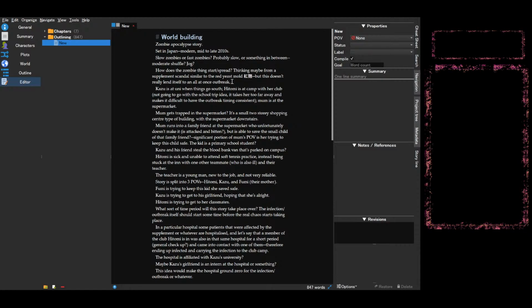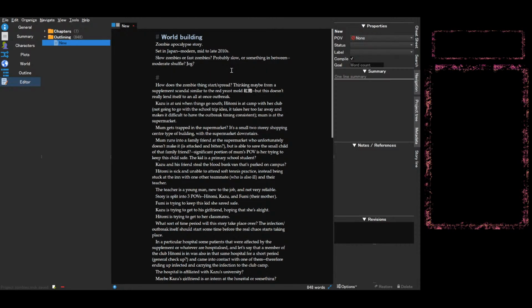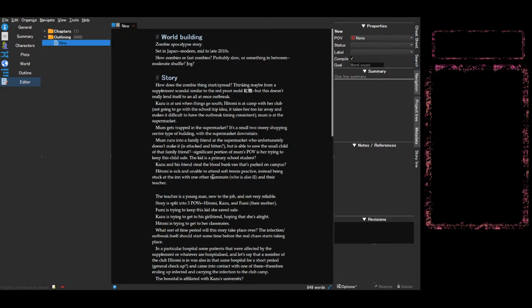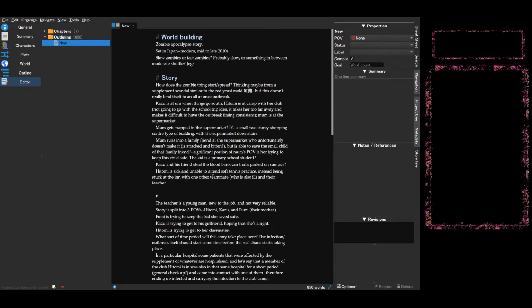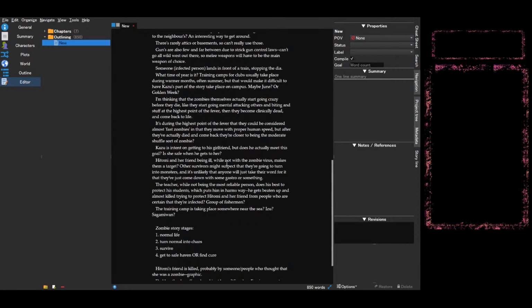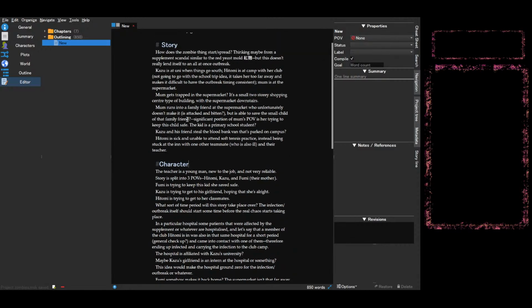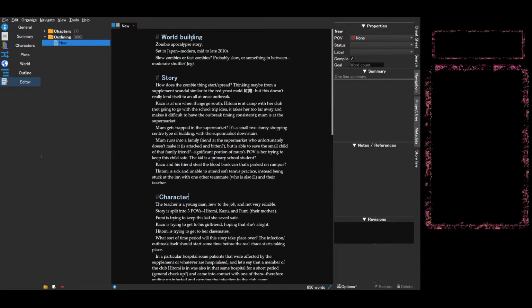And then we're going to come down here, and this one's going to be story. I'm going to add one more category, and it's going to be character. And so I'm going to go through that little brainstorming session and take each paragraph, each little point, and put it in its place.